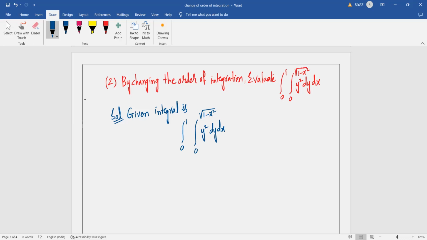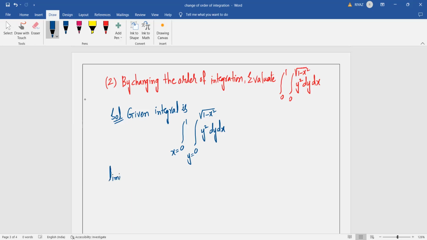Now our work will start. The second limit is in terms of x, definitely y limits. If it is y, then it is x, opposite. It means the limits of x lie on the x-axis, and the limits of y lie on a strip. Now, let us start working on it.